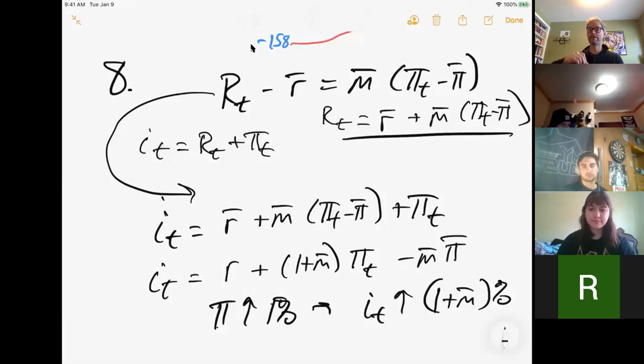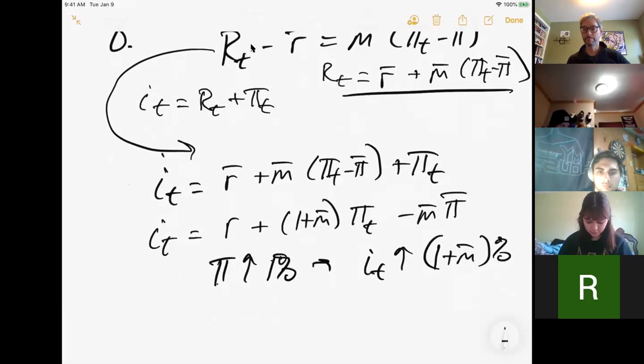You need to raise them by more than that so that the real interest rate changes. So if inflation goes up by 1%, you increase the nominal interest rate by 1 plus m%.